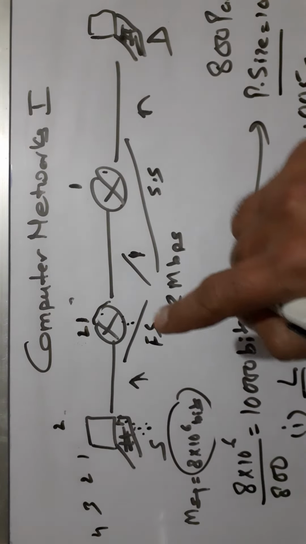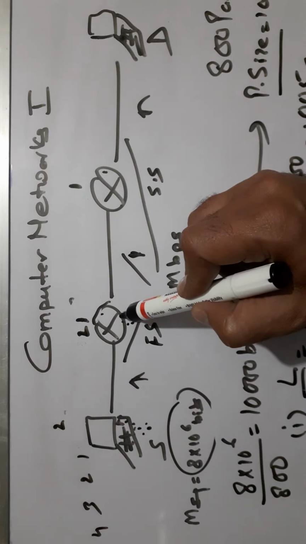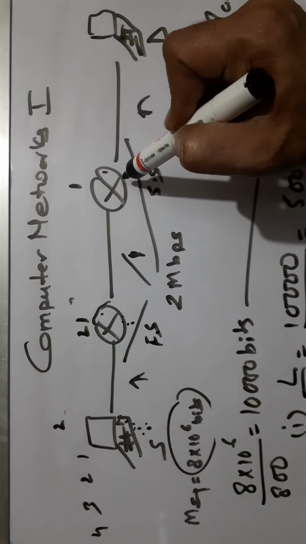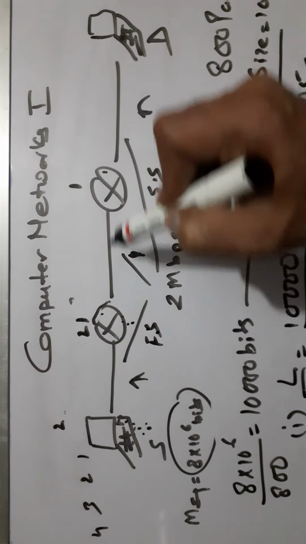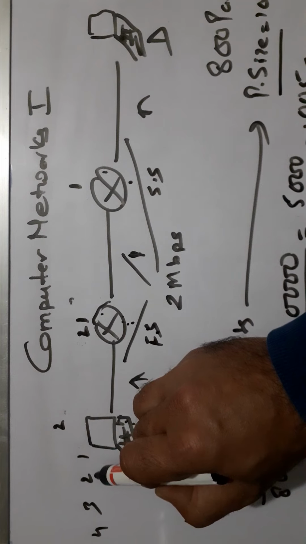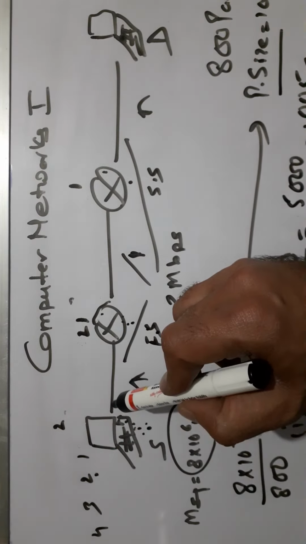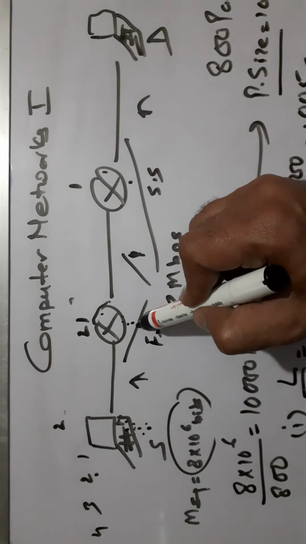So during the same time when the first packet is getting transmitted from the first router to the second router, the second packet, which was aligned first in the queue, gets transferred from source to first switch.